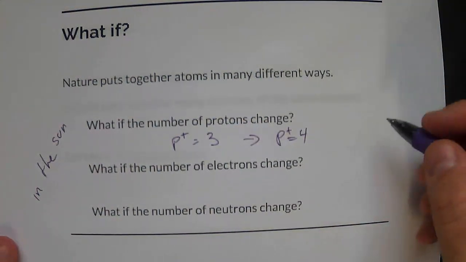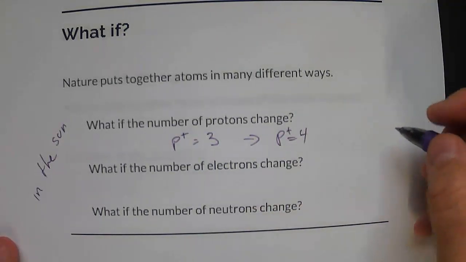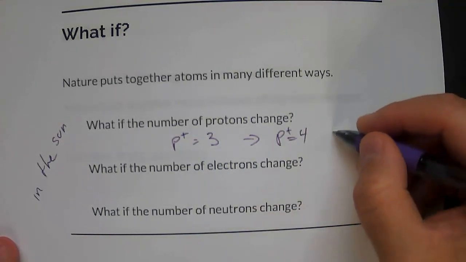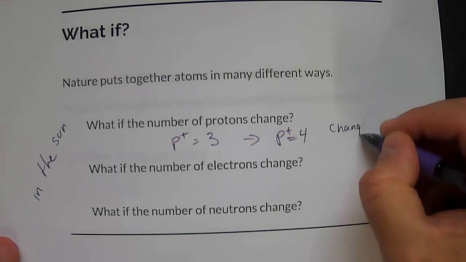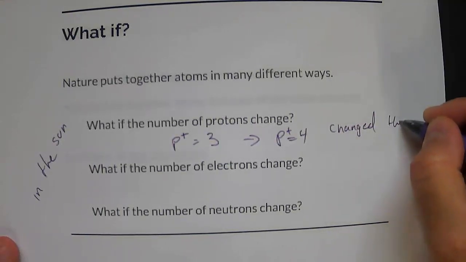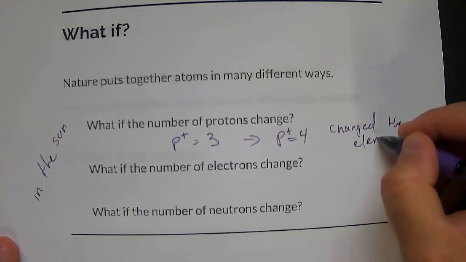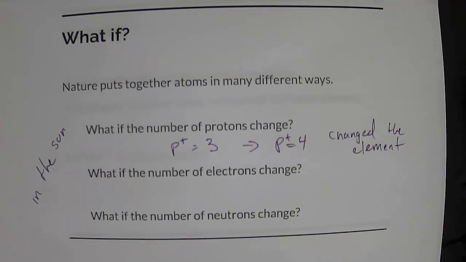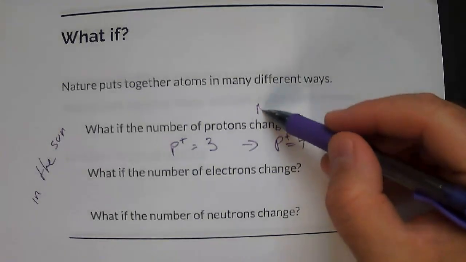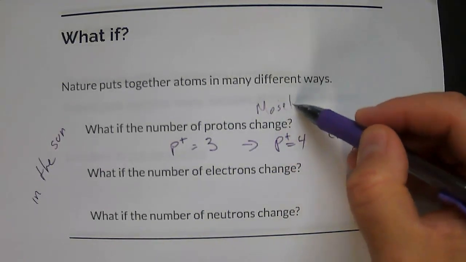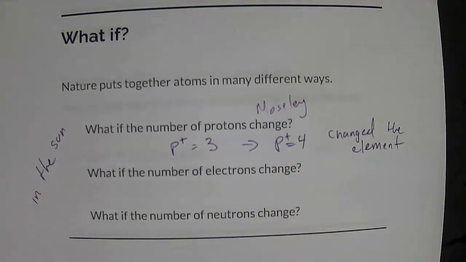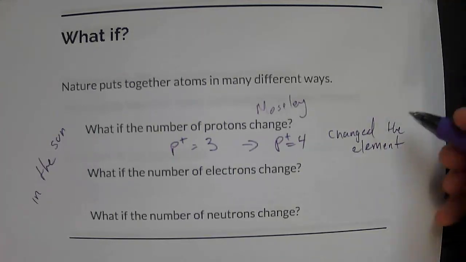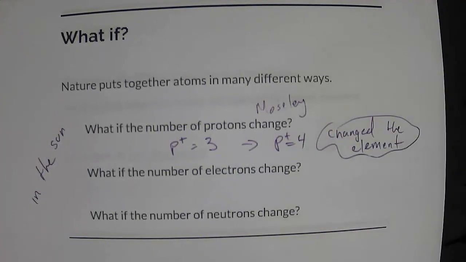Well, the thing that I am most concerned about is now we have changed the element. Because remember, the number of protons defines the element. That was Henry Moseley in his research on atomic number and protons. So that's the first thing.